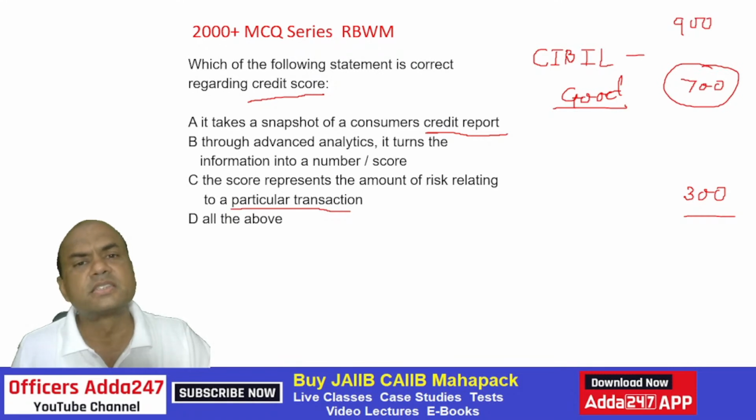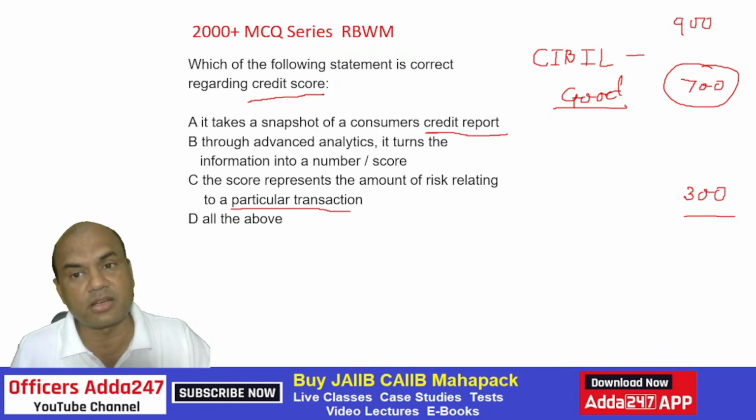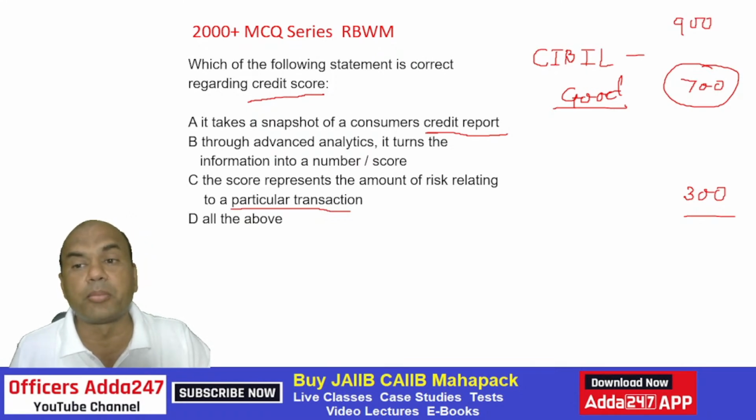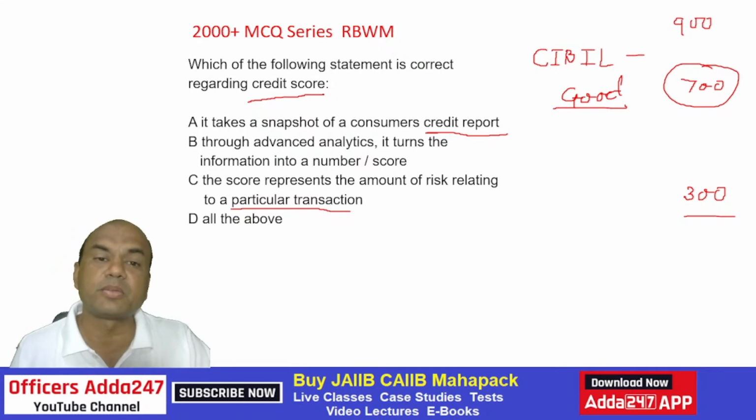Some banks do give loans for 600 also, collateralized loans, but there the customer becomes riskier, and you charge a higher rate of interest from that customer. So any score above 700 should always be considered a good CIBIL score. Some banks consider 800 also. So that's why I said it depends on bank to bank.